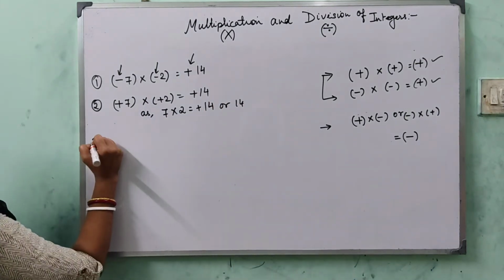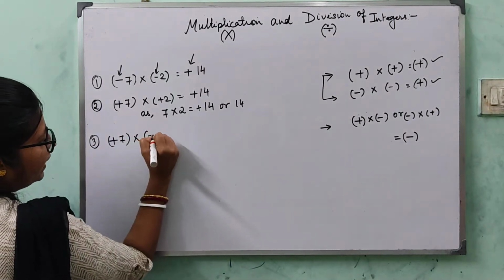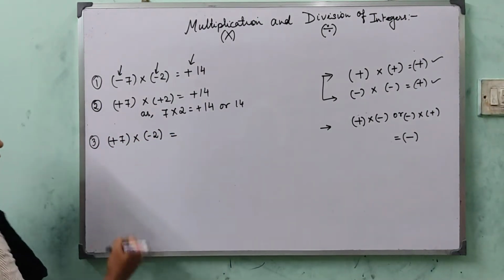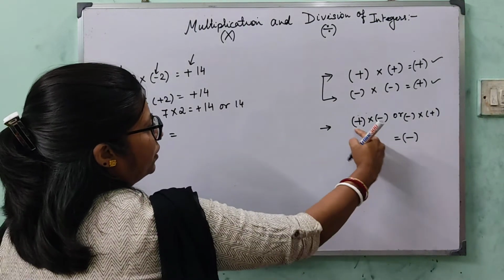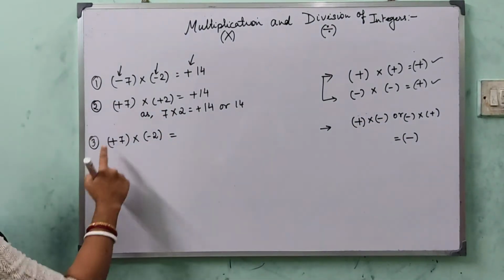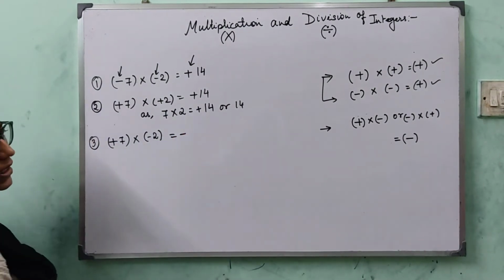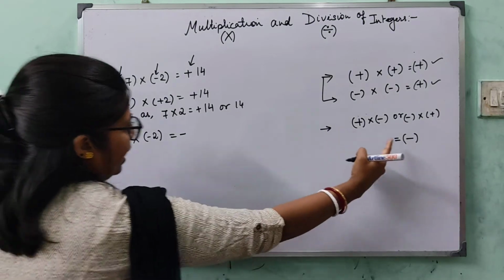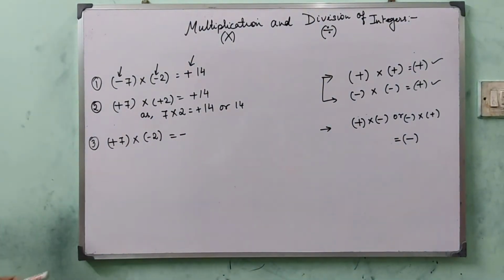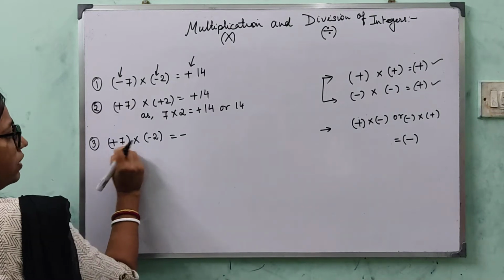If I have plus 7 into minus 2, so where do we come? We come over here. That is a positive integer multiplied by a negative integer. So what is going to be the sign? The product will have a minus sign. And what about the number? The number will be 7 into 2.